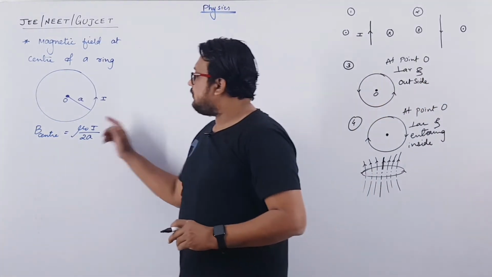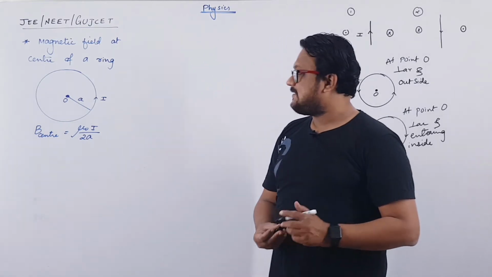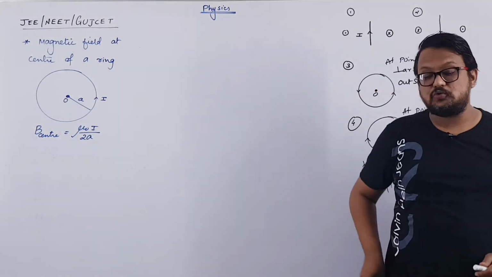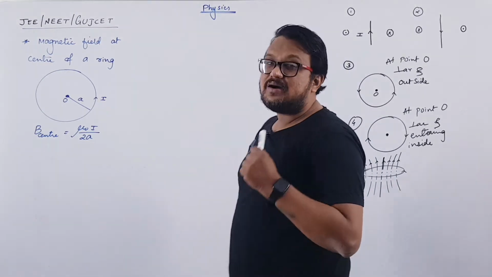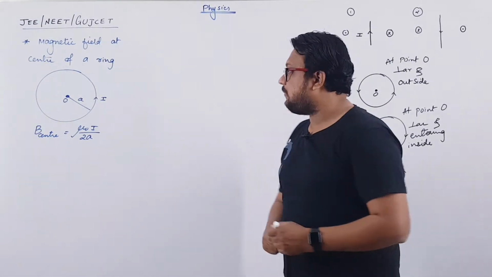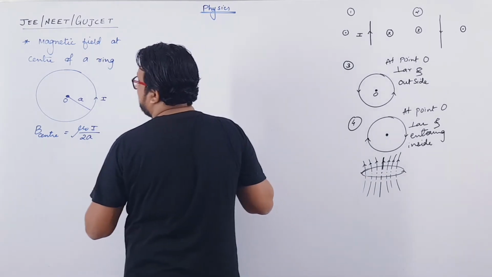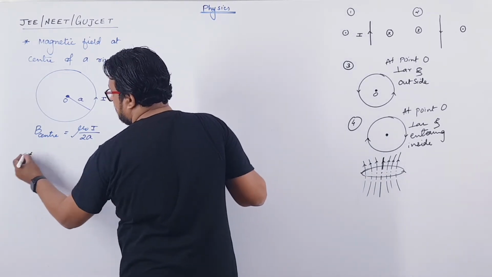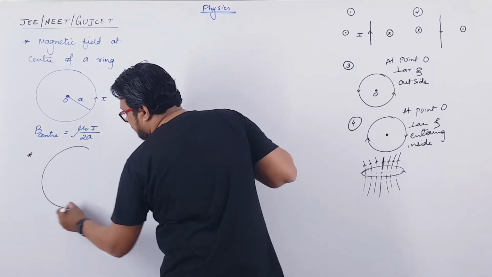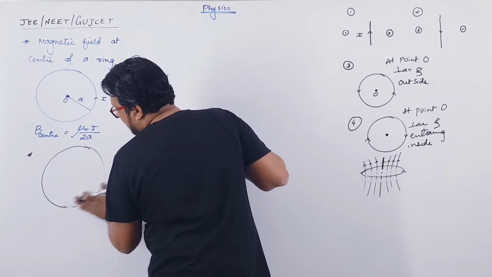So here also magnetic field at the center is given as B at center is equal to mu naught I upon 2A. Suppose we have an arc of particular, making particular angle, not that complete circle, but let us say instead of this complete circle we have an arc only.